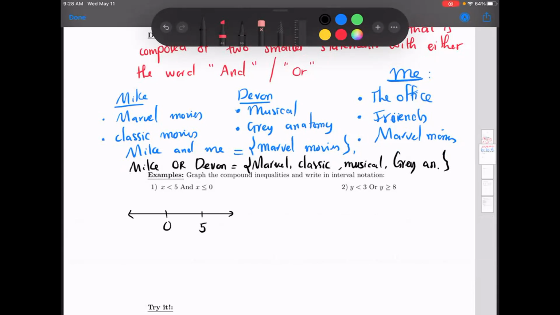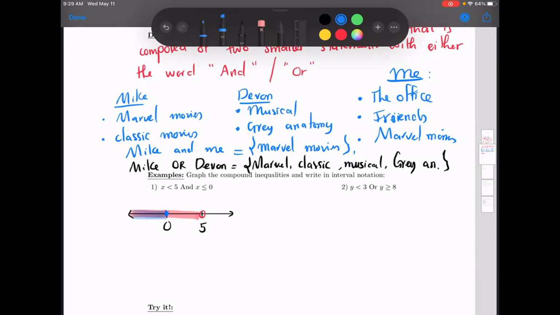X is less than 5, so I'm going to highlight everything smaller than 5. By the way, it's a hollow dot. Then x is less than or equal to 0, so I'll make a solid dot here. Maybe I'll use blue, and everything up to 0.